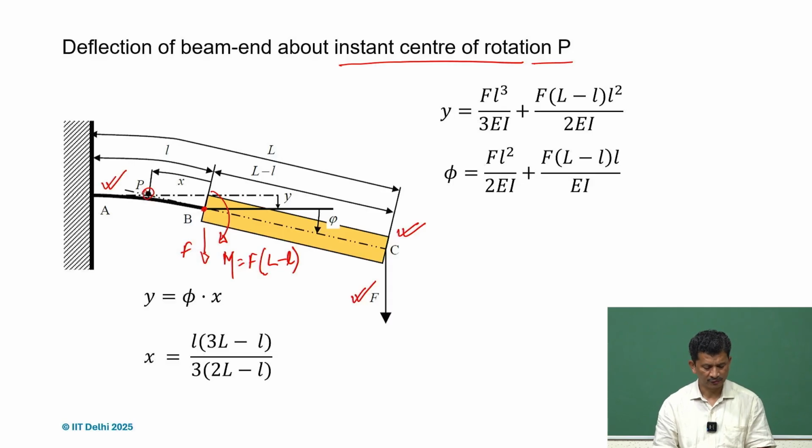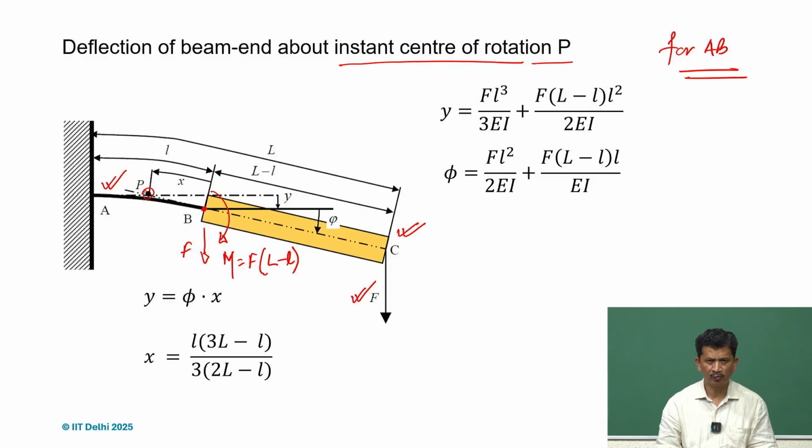Just take this case, for section AB. At B, if we calculate the equivalent forces, there will be force F acting downwards and a moment acting at B, which is F times capital L minus small l.